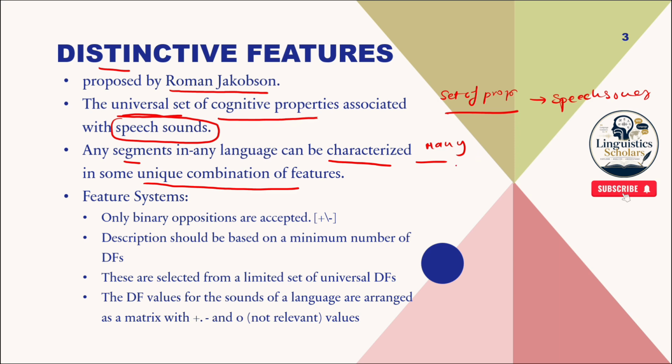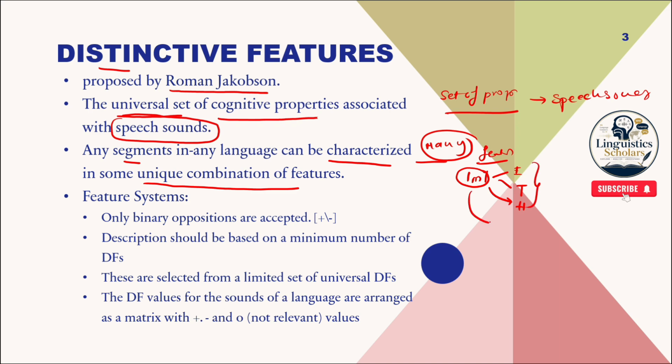So these sounds are not just random sounds. There is a fixed feature combination that helps you produce a sound like m. Let's say the sound m is present in English, in Telugu, and in Hindi as well.